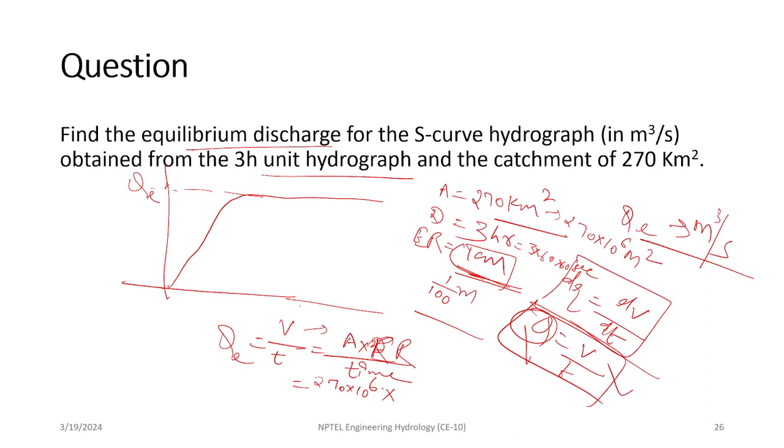So ER here, I am writing, will be 1 upon 100. And in total it will be divided again by 3 hours, so it will be converted into 60 into 60. Okay, so I guess 4 zeros are there, they will get cancelled out. So 270 into 10 to the power 2 divided by 3 into 6 into 6.